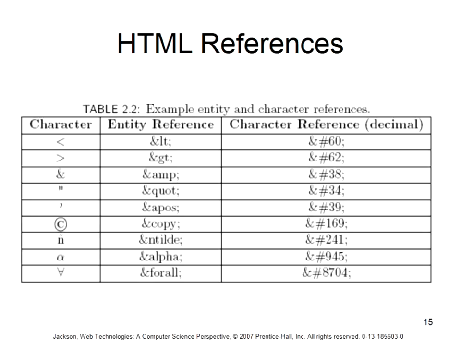So in table 2.2 there are many examples of characters that can be represented by an entity reference or by a character reference. Any questions? It's clear what's the meaning of an entity reference and a character reference.